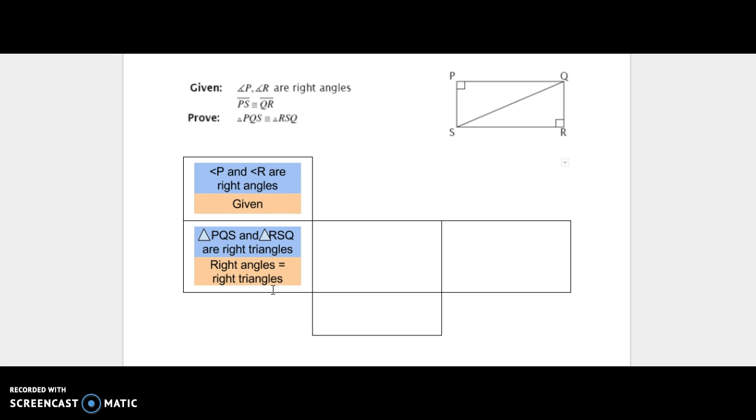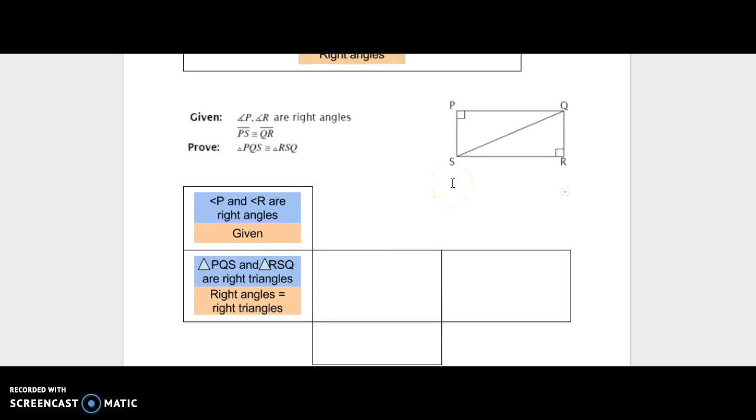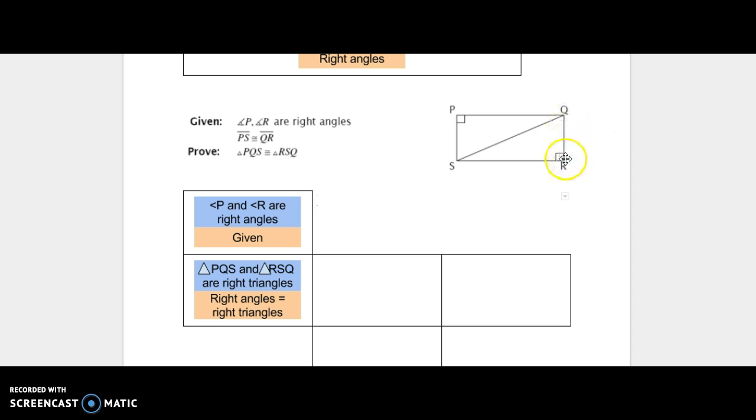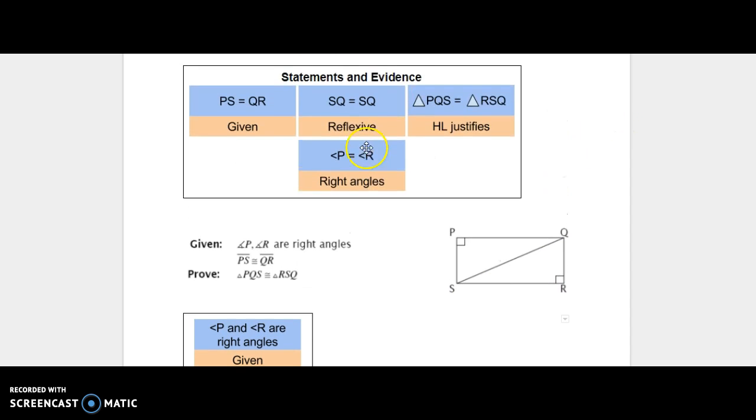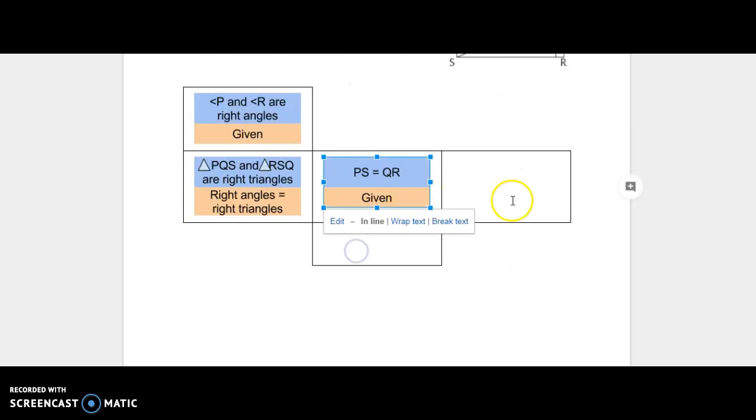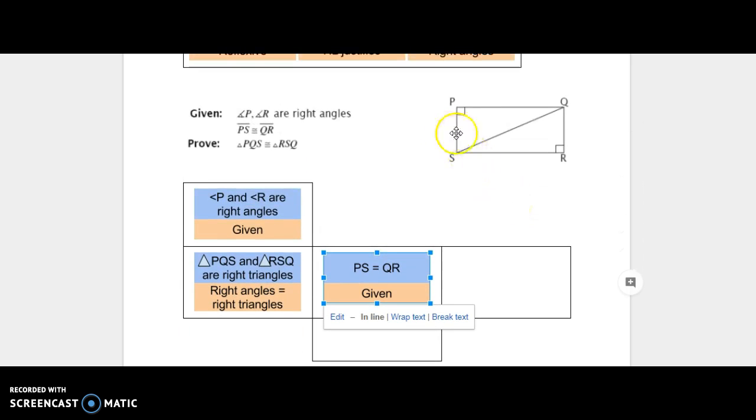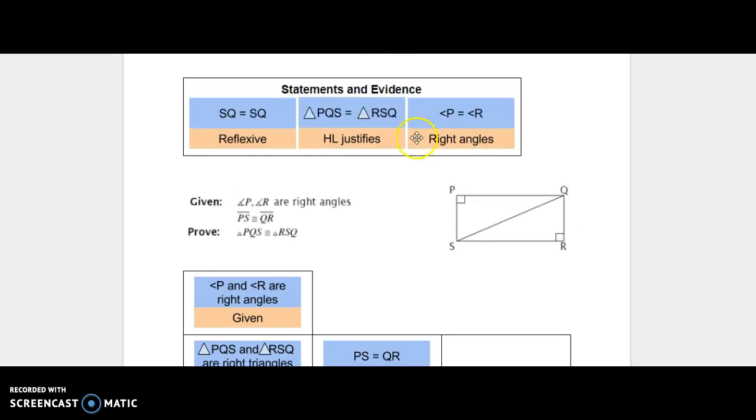We care about having right triangles, because right triangles mean we can use the Pythagorean theorem, and we can have a hypotenuse that's congruent. We're told PS and QR are congruent. That's another given. Scroll back up, and those two act as the congruent legs in this case. We can use the reflexive property here: SQ is congruent to SQ.